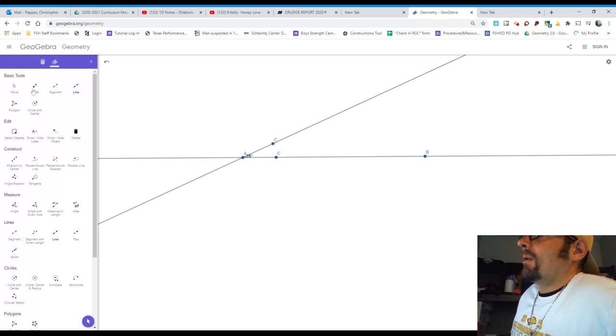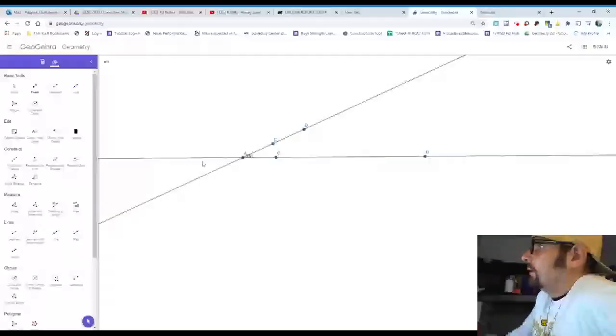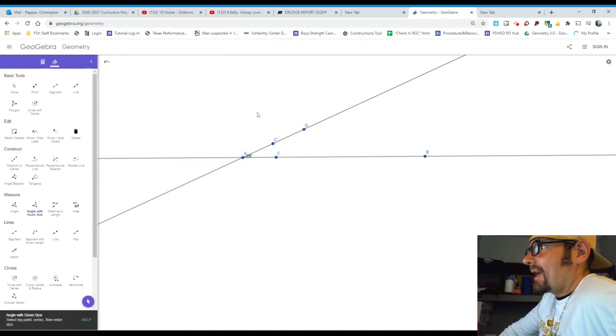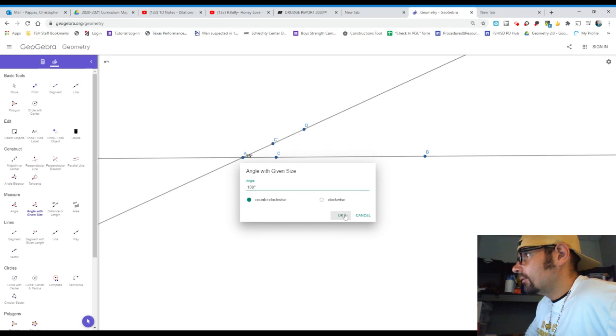Okay, I'm going to make another point up here, point D. Let's say I want to make an angle through point D that's 100 degrees. So we'll go angle with given size. We'll hit C prime, D, and we will go with 100.